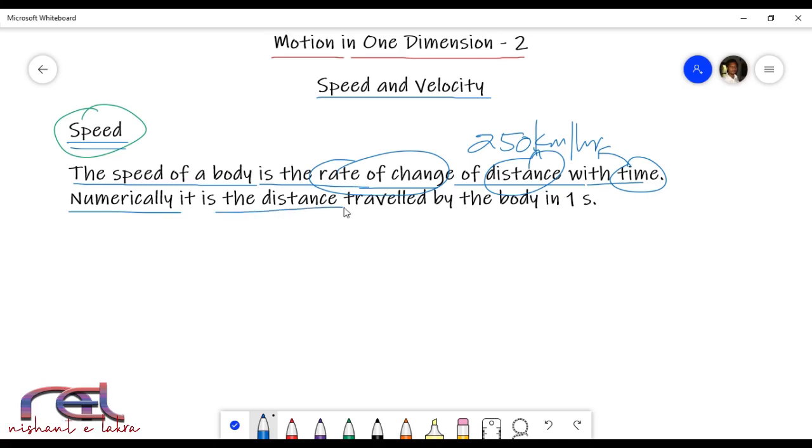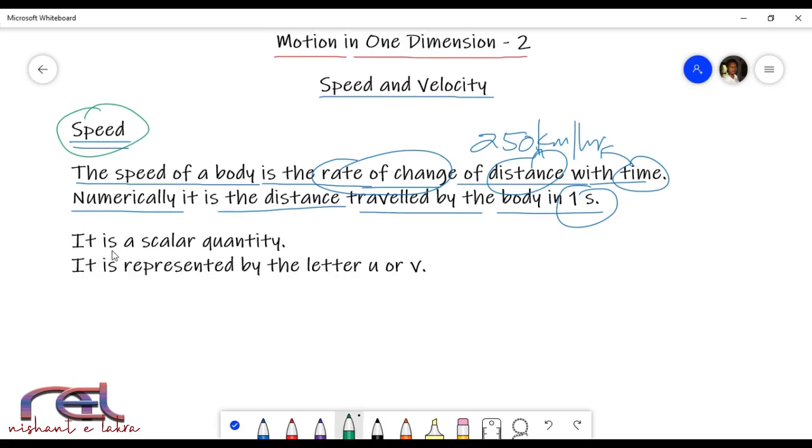And numerically, it is the distance traveled by the body in 1 second. That's what speed is. And speed is a scalar quantity. You know, we have learned about scalar quantity. Speed is represented by the letter lowercase u or lowercase v.